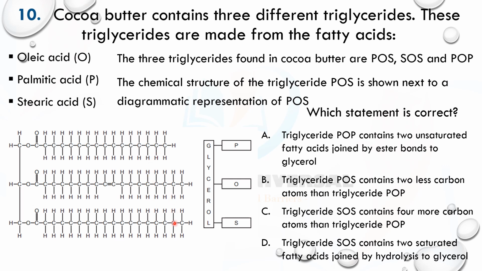So 16 here, 16 here. That's 2 carbon less here and 2 carbon less there, making it 4. But SOS, we're going to have 18, 18, 18. POP is 16, 18, and 16, which is P. So this is correct.